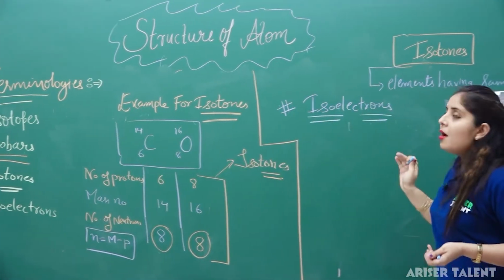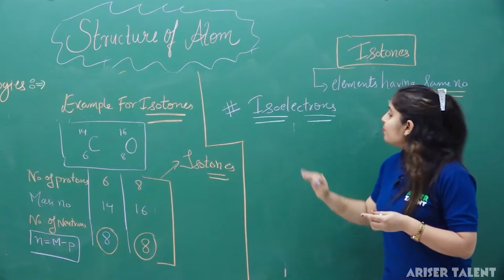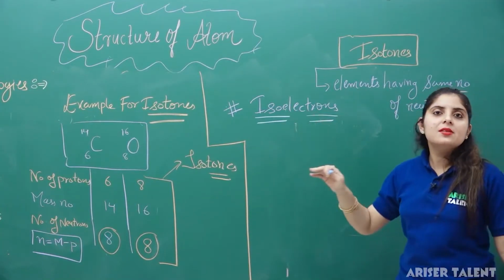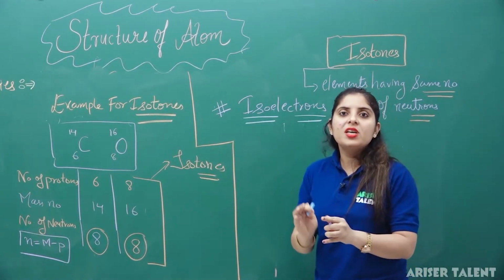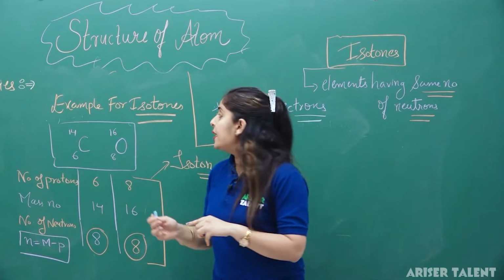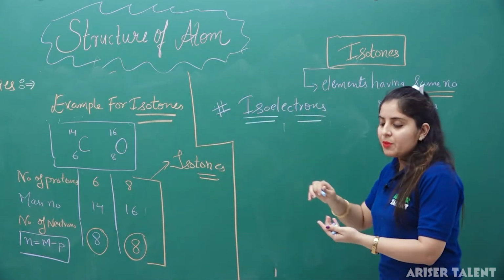So what are isoelectronic species? As the name suggests, iso means same and electrons means number of electrons. So the species having the same number of electrons are considered in the category of isoelectronic species.